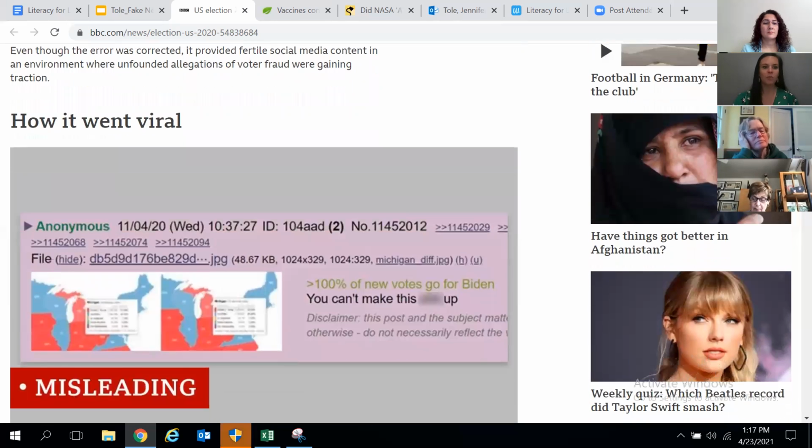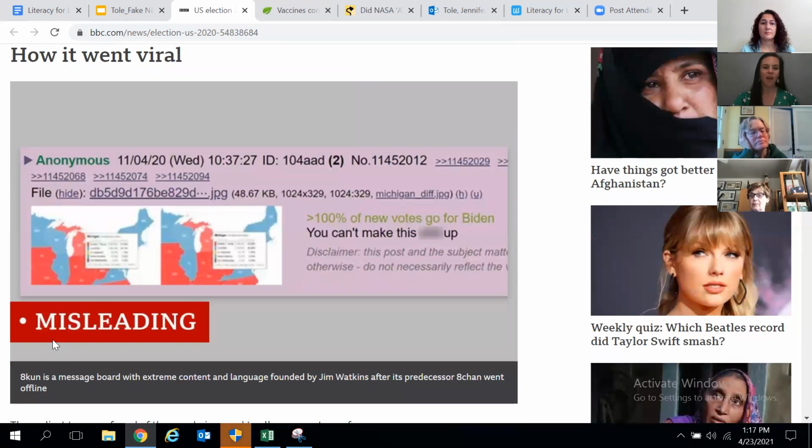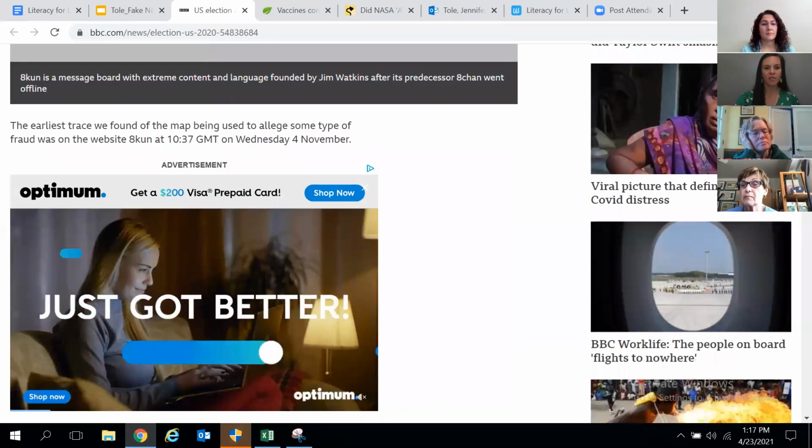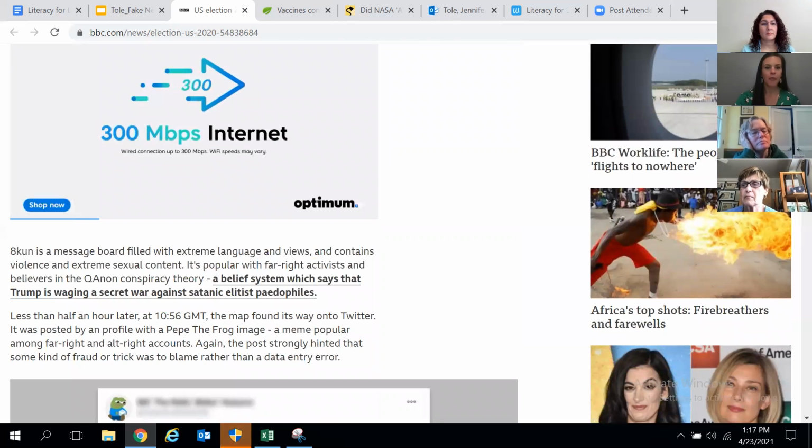So somebody, and I'm not up on the conspiracy theory names out there, but Kuhn, I guess is how you say it, it's a message board, it's this sort of conspiracy theory thing, took a screenshot of the map and shared it. This was at 10:37 on Wednesday night.